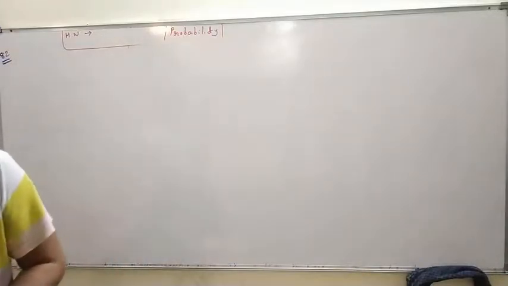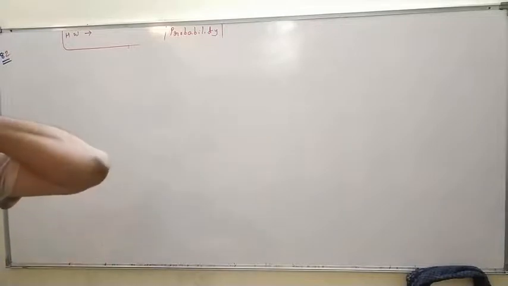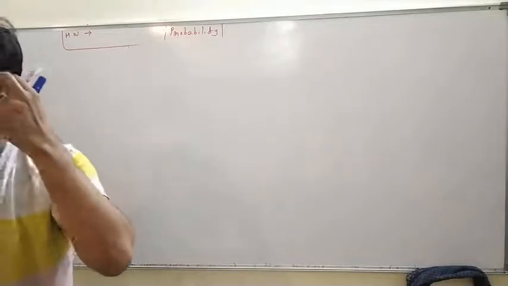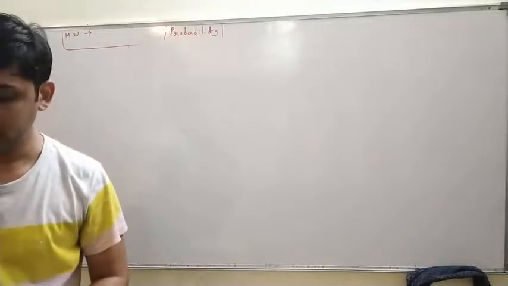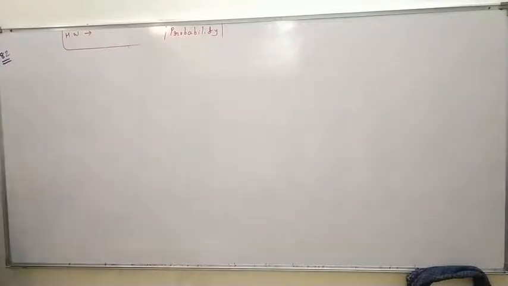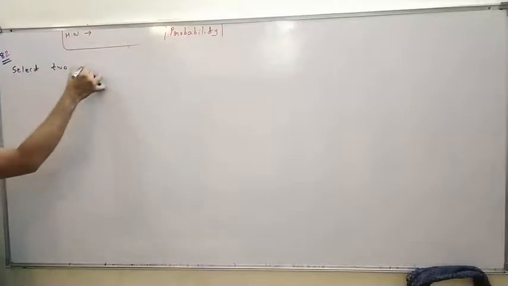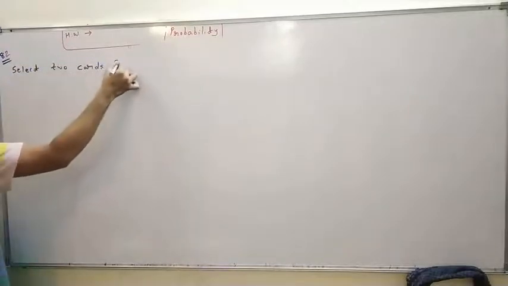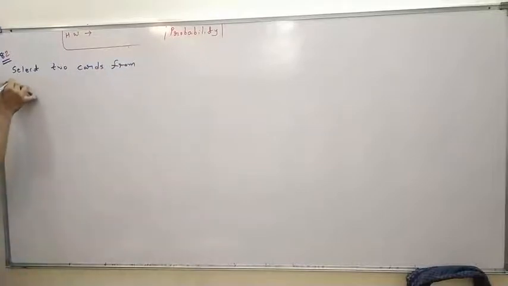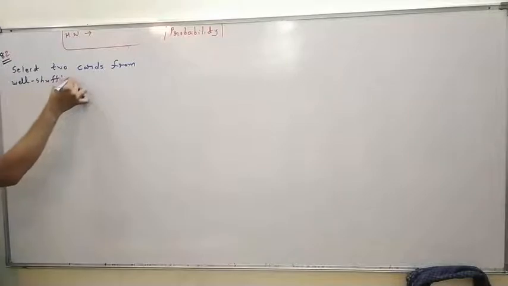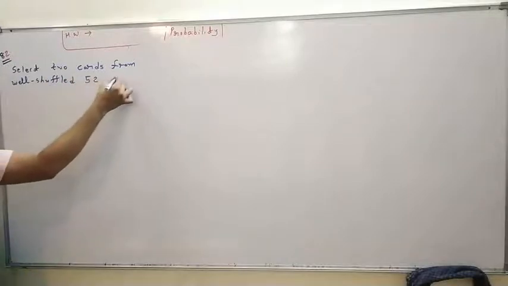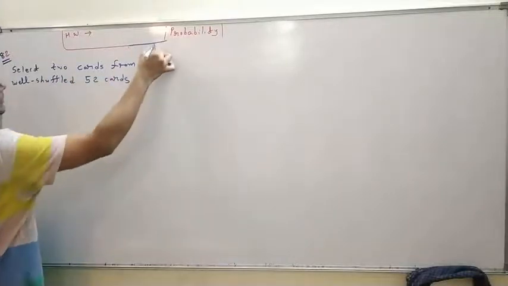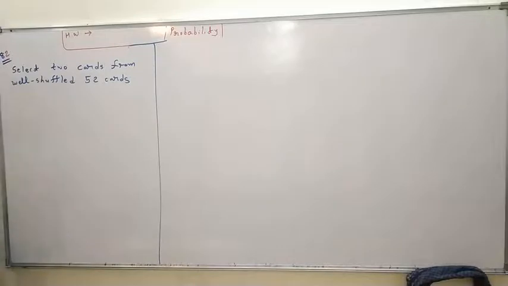Next question, question number 82. Two cards are drawn together or one by one without replacement from a well shuffled deck of 52 cards. So your random experiment is to select two cards from a well shuffled 52 cards.